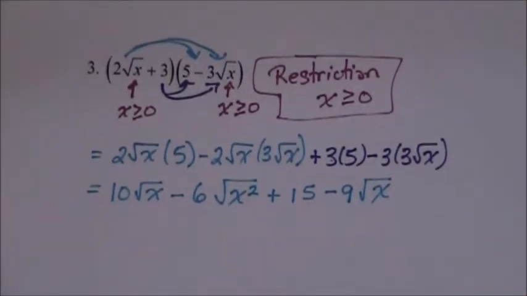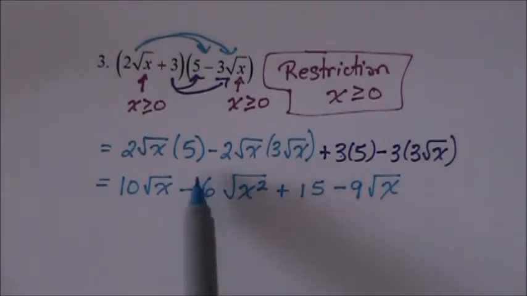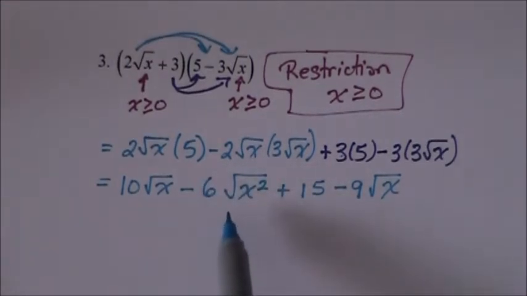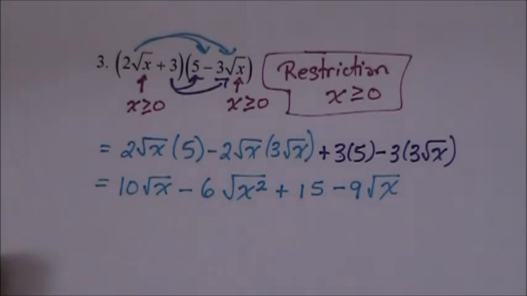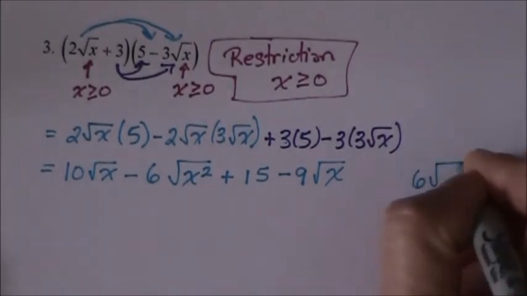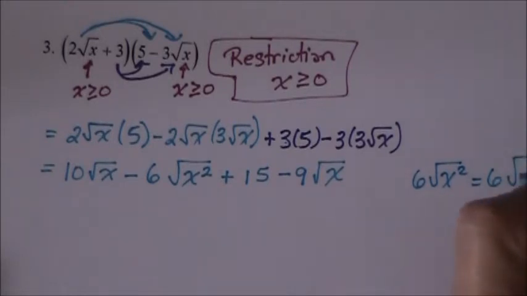So, we can see some like terms already. This one here and this one here look like terms. Question is what does this one become? And can we combine it with any of the others? So let's simplify that one. If we move off to the side, 6 square root x squared is the same as 6 square root x times x.